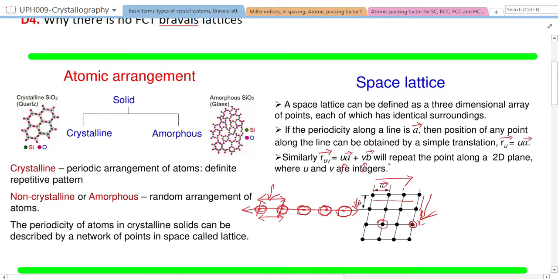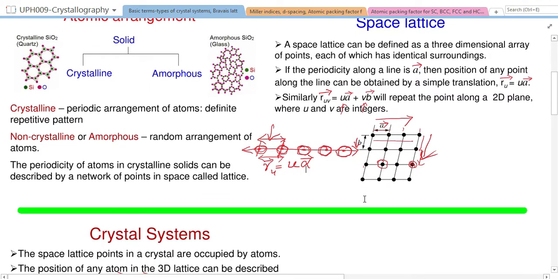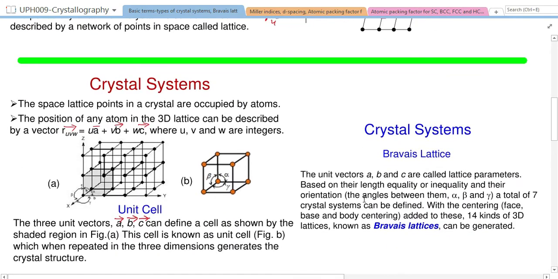In this way, you can identify each and every point in this 2D lattice. In one direction, you will only need one number, let's say U. So R, any position along a one-dimensional lattice, would be given by UA.